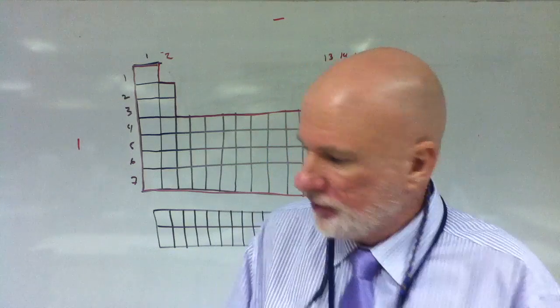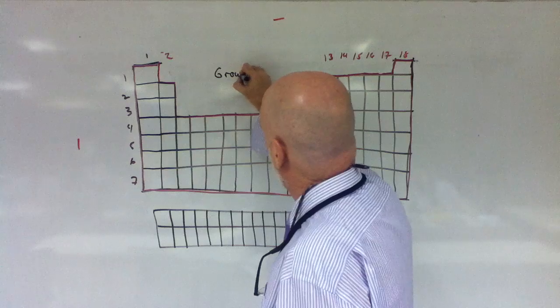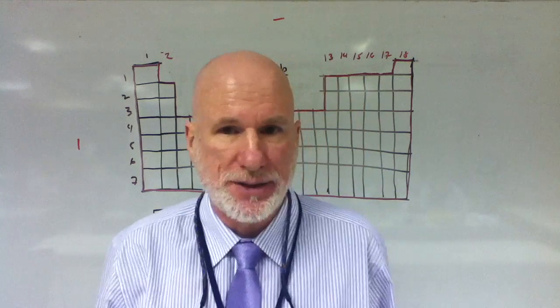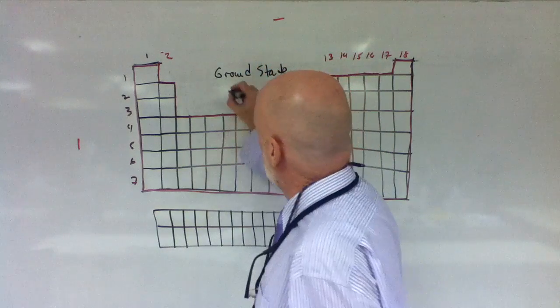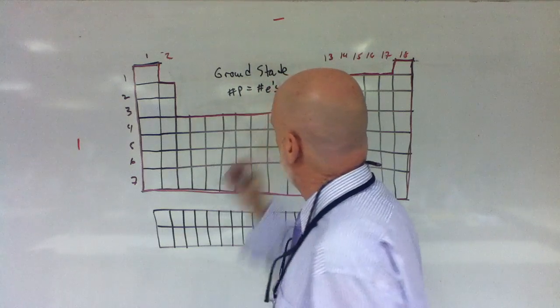Yes? And you've heard of something called ground state. Ground state is the neutral state. It's not a stable state, but it means the number of protons equals the number of electrons.